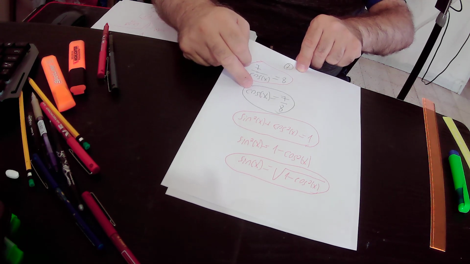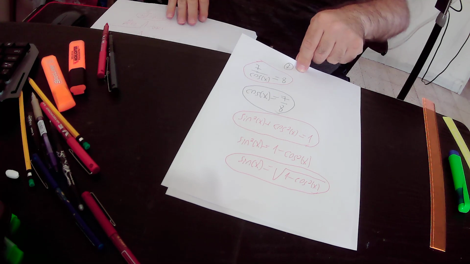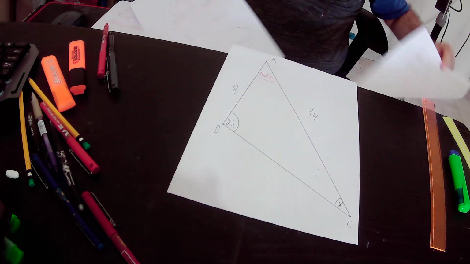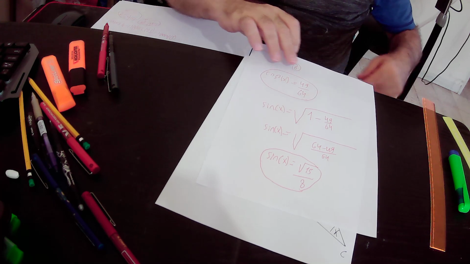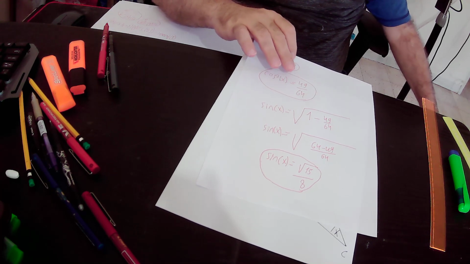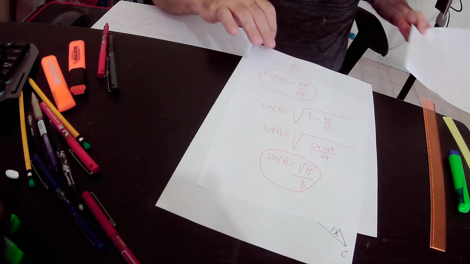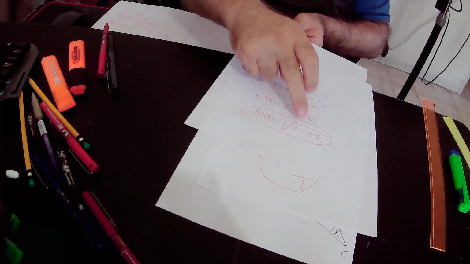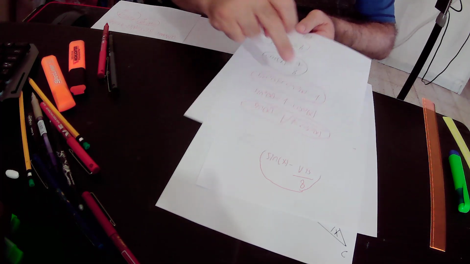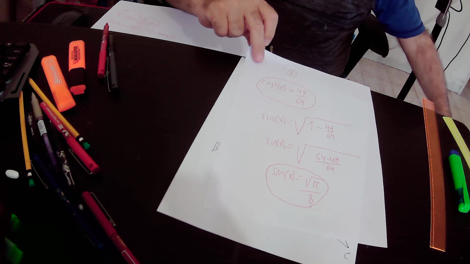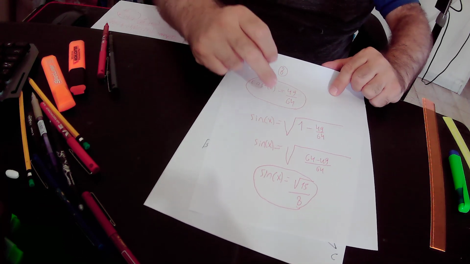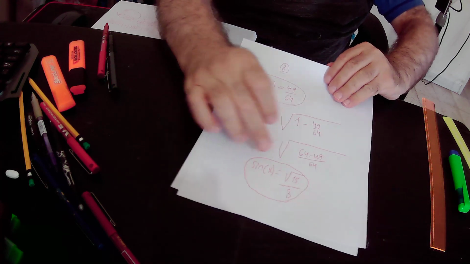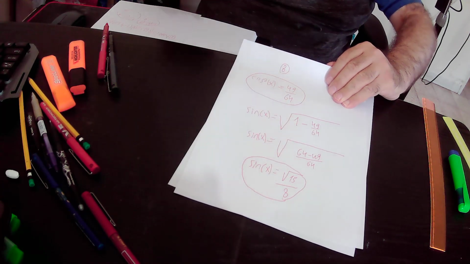So if we square this equality, we get the value of cos square x, that is 49 over 64. So we can substitute cos square x by 49 over 64, and we found that sin x equals root 15 over 8.